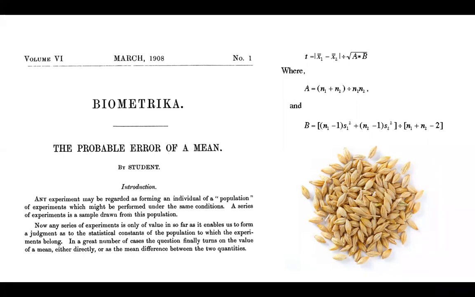His publications in Pearson's journal Biometrika were signed "Student", not because of a Guinness company policy forbidding publication, as is often said, but precisely because the company wished to keep secret the fact that they were gaining an industrial advantage by employing a statistician. So Gosset's most important result is also known as the Student's t-test distribution, which was published in 1908, as you see in this publication.